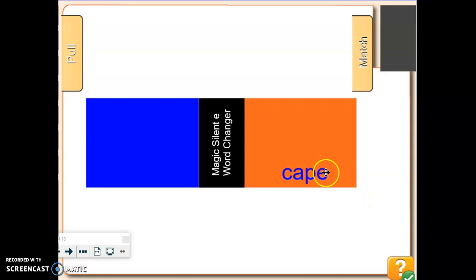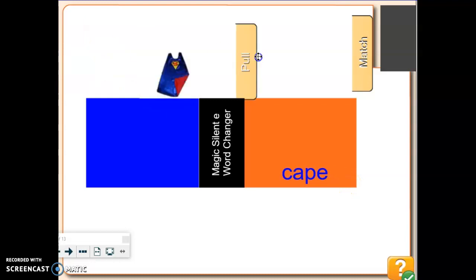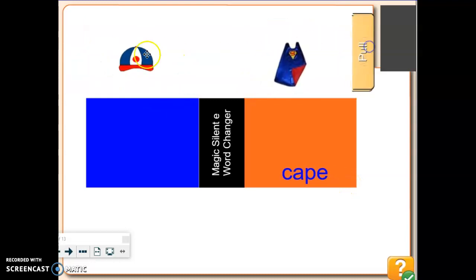Remember, E doesn't make any sound. It's a magic silent E. A is going to say its name, A, in this word. Cape. Did you get the word cape? Let's see. We have a cap and we have cape. Nice job.